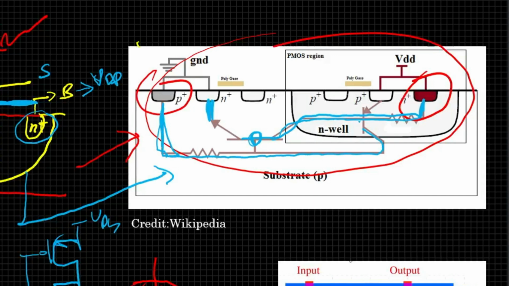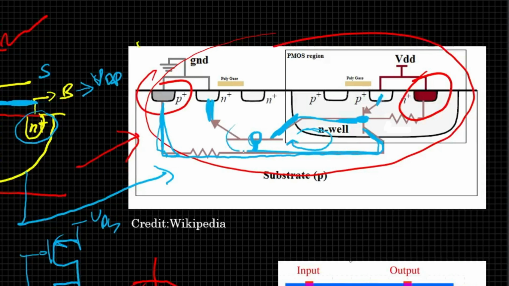If I just remove this blue line here, then in the base section of your BJT you have an N region, and again a P region here, so it would be another PNP. They are connected in such a fashion that the collector of one BJT is connected to the base of the other BJT, and the collector of the other BJT is connected to the base of the first. So that means they have a loop here.